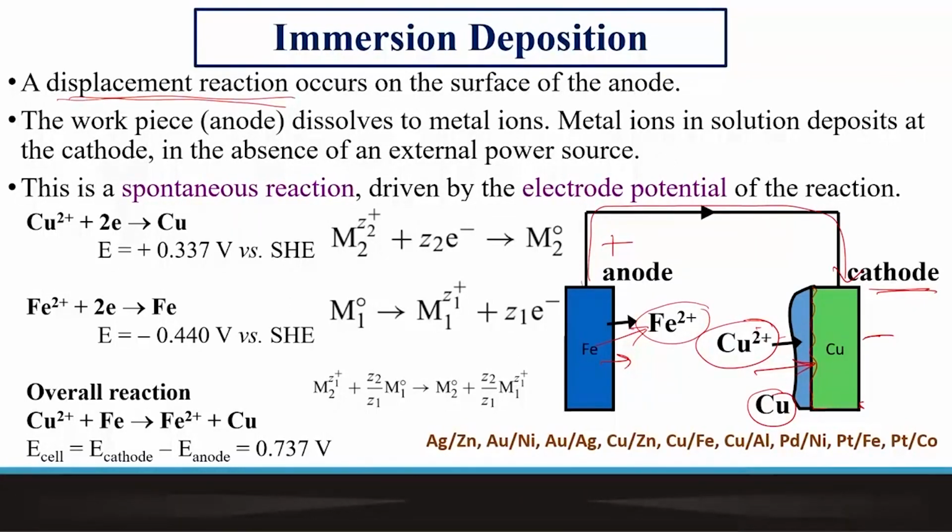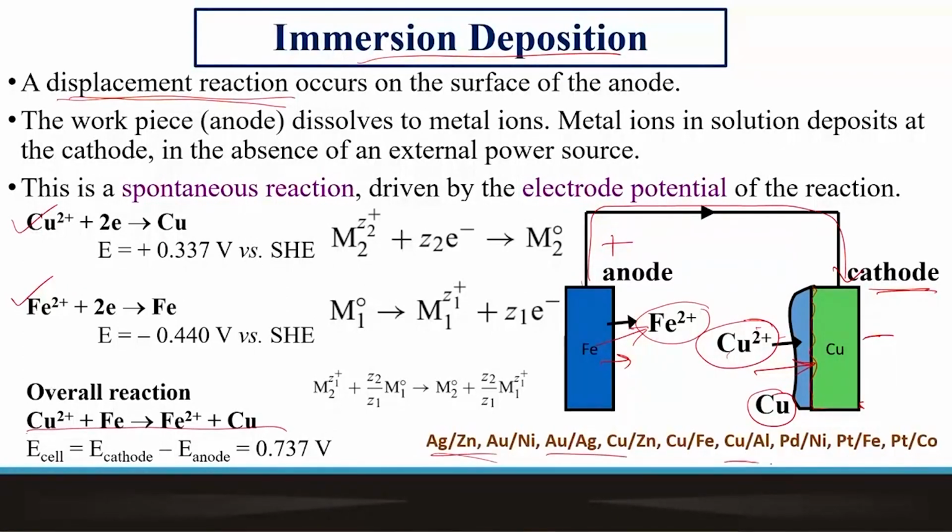Those negative charges combine with the copper ions available in the solution and allow deposition of copper on copper. So this is the so-called immersion deposition, which is essentially a displacement deposition process. This is the reaction typically one sees at the cathode, and this is what we see at the anode, and the overall reaction will be like this.